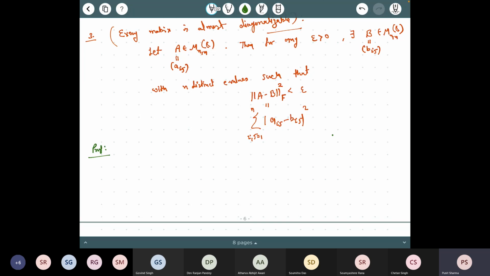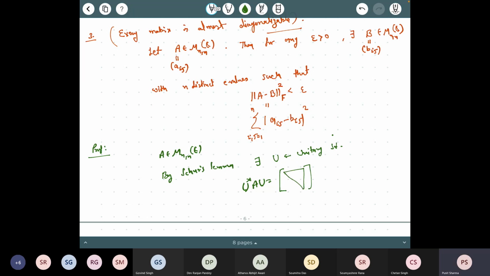First, we know that A is an n cross n matrix over C. So by Schur's lemma, I will first write it in a simplified form. That means there exists a unitary U such that U star AU is upper triangular.